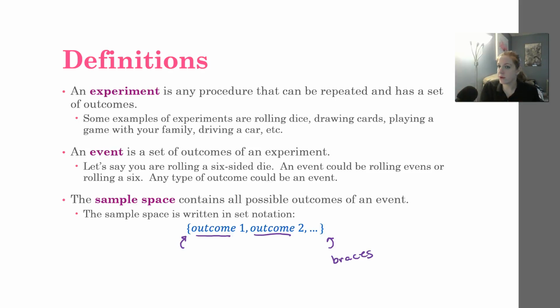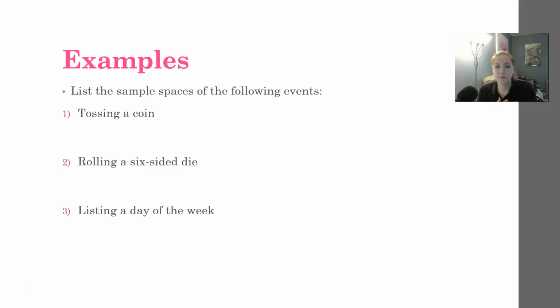We're going to run through a couple examples just to get you a little bit more familiar with what the outcomes could be. Let's look at some basic experiments here. The first one is tossing a coin. Just think of a penny or a nickel or whatever. What are the possible outcomes of tossing that coin?